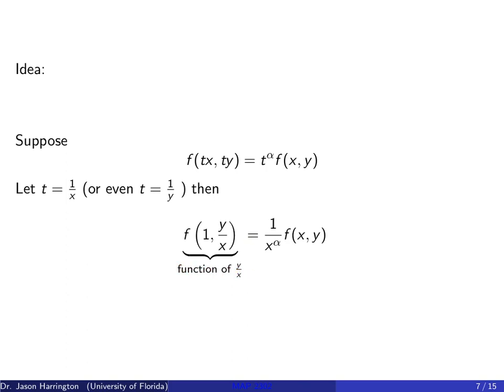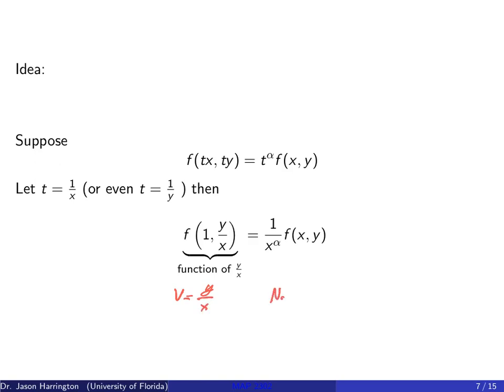And again, I can factor out a 1 over x to the alpha, leaving f of x and y. Now, another thing I want you to note here is that so far we've always been letting v equal y over x when this happens. So in this case, we let v equal y over x.